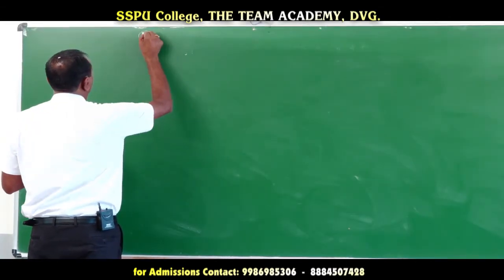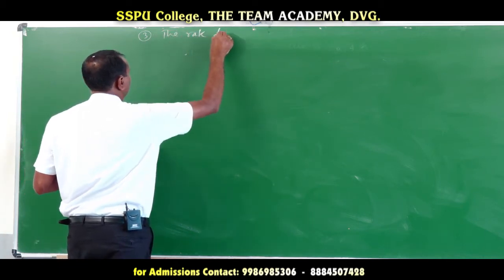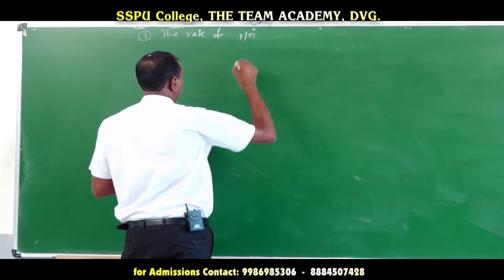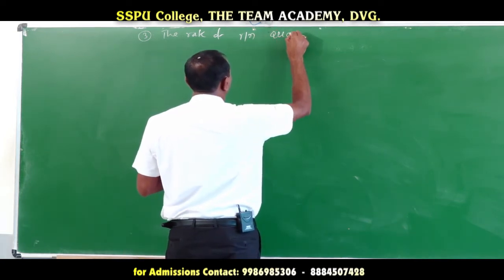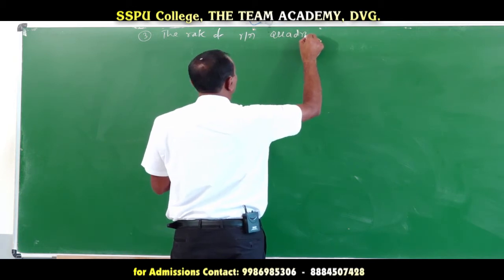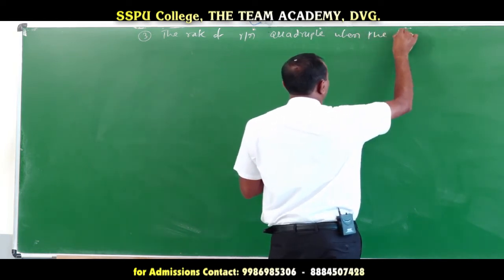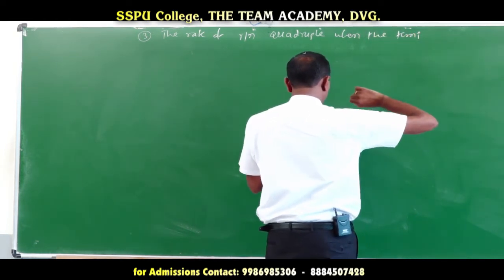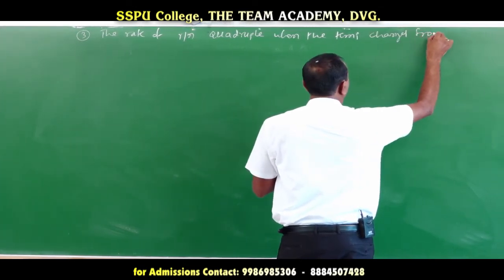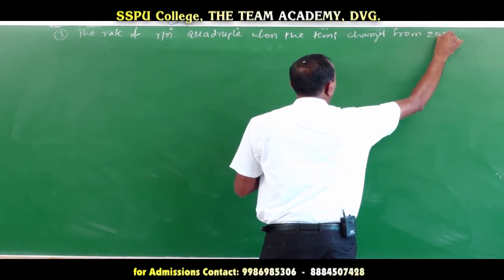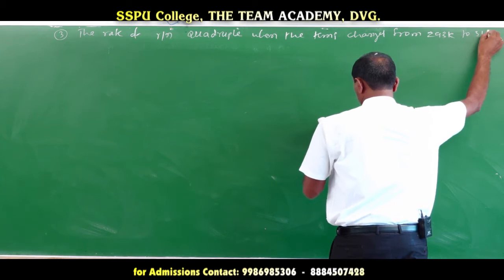Next, the rate of reaction quadruples when the temperature changes from 293 Kelvin to 313 Kelvin.